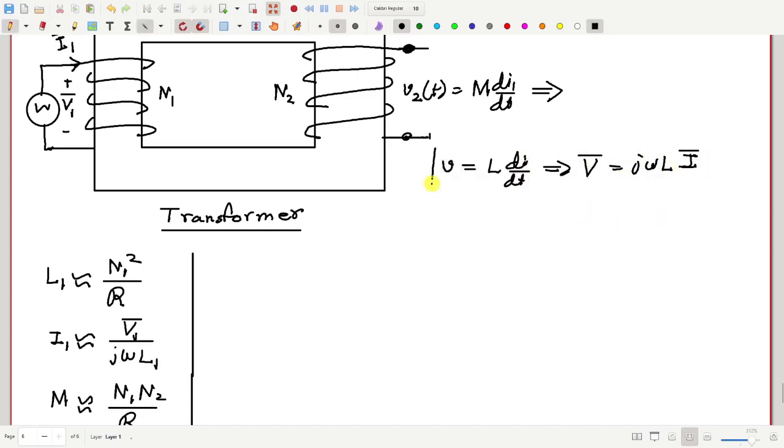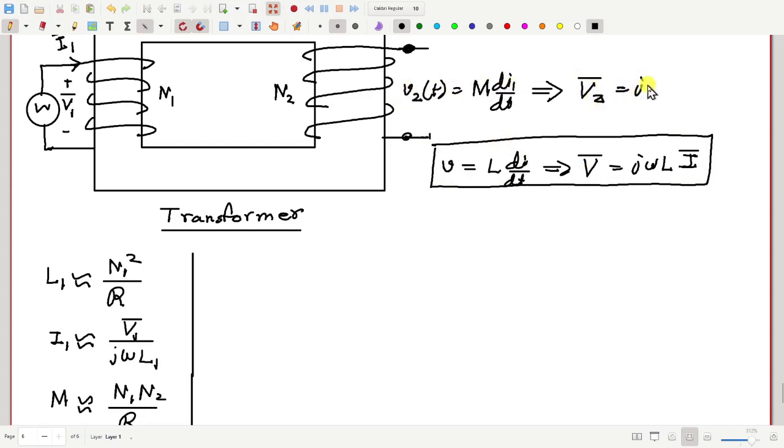So analogously, what will be the phasor equation relating V2 and I1? That will be V2 bar equal to j omega M I1bar. Therefore here we can write V2 is equal to j omega M I1, and I1 is given here.